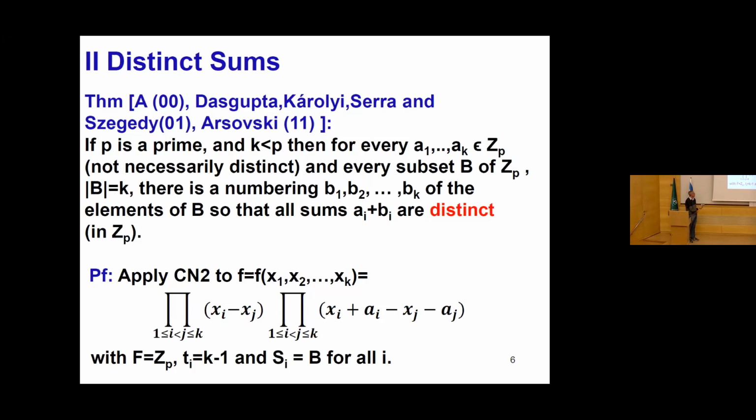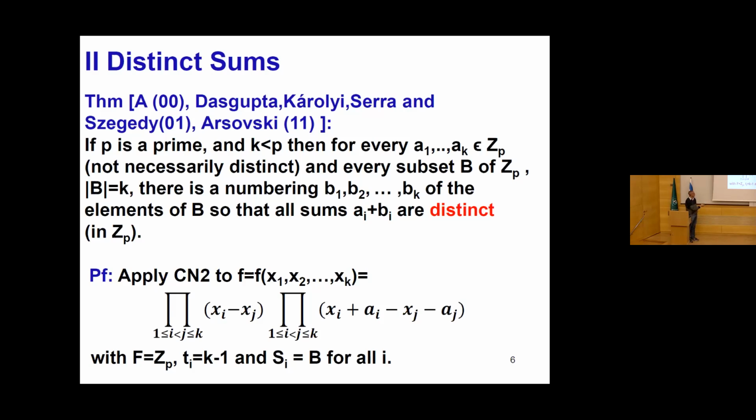And you see this polynomial is chosen so that if we substitute elements from B for each xi and we get something that is non-zero, then because the Vandermonde part is non-zero, it will mean that the xi's are pairwise distinct, and therefore they just give you a numbering of the elements of B. And because this part is non-zero, then xi plus ai is always different from xj plus aj. So this is the statement that we want.